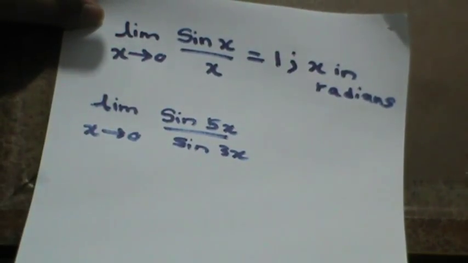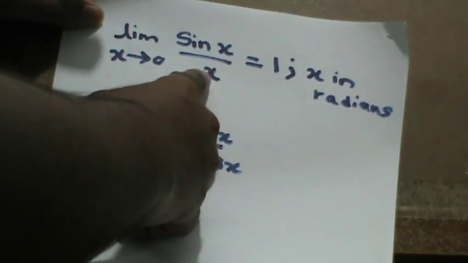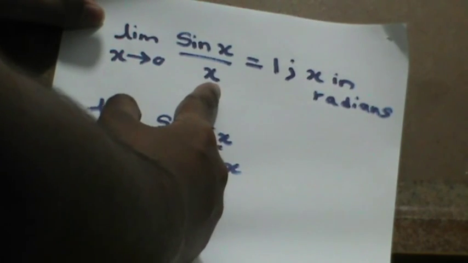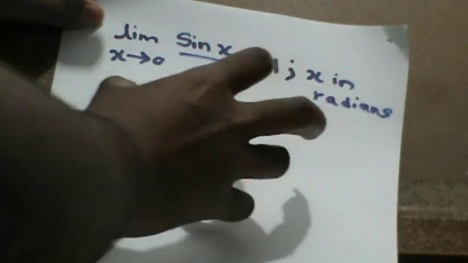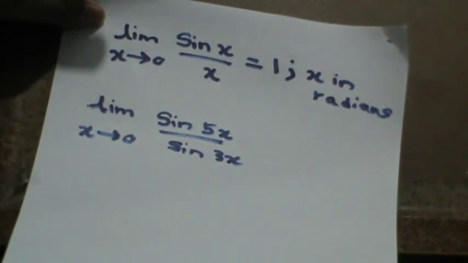So in order to apply this theorem, we first have to have the same angle in the denominator. What I will do is divide both the numerator and the denominator by x.